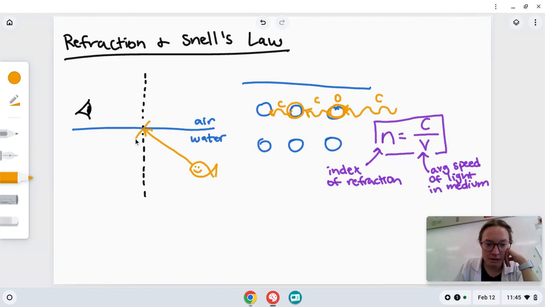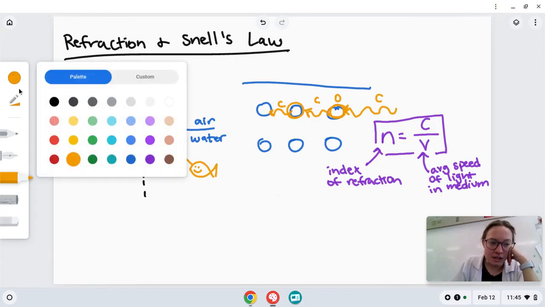But I'll draw my little pen here. The bottom of the light ray will end up in the water, so it'll end up going slower. The top of the light ray will end up in the air, so it'll end up going faster. So this end is going to go much faster than this end, and this thing is going to end up bending down. And it'll bend somewhat like this.